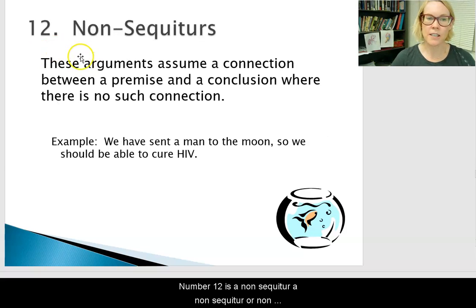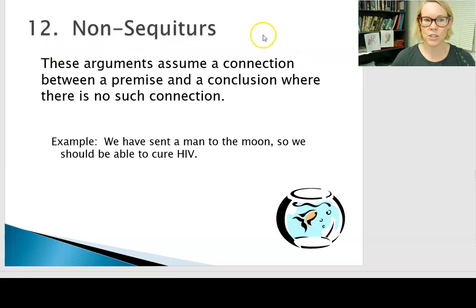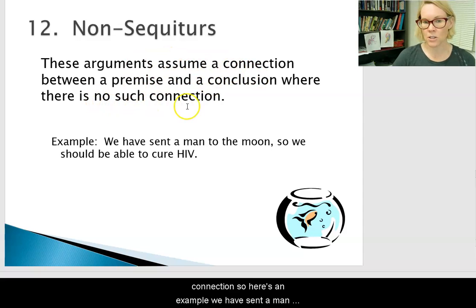Number 12 is a non-sequitur. Non-sequitur arguments assume a connection between a premise and a conclusion where there is no such connection. So here's an example. We have sent a man to the moon, so we should be able to cure HIV. Now that's a great example.